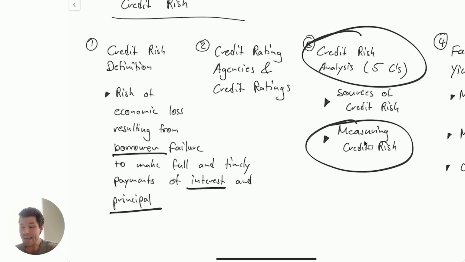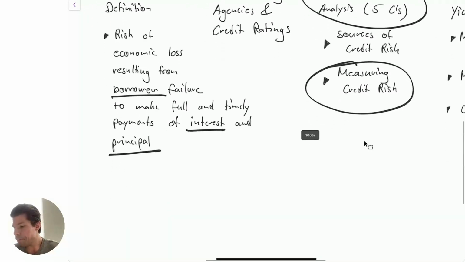How likely is it that the borrower cannot make interest and principal payments, and the loss given default happens. So if there's an 80% chance that the borrower becomes default, then once the borrower becomes default, how severe is the loss? So that's usually the formula. I will explain more in another video.